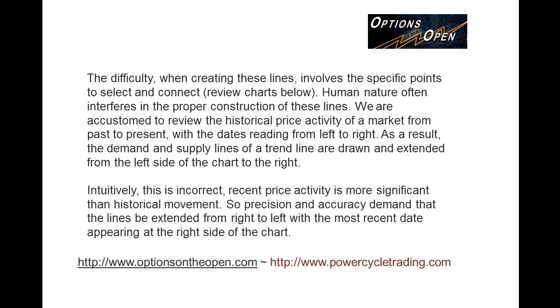And as a result of this, the demand and supply lines of a trend line are drawn and extended from the left side of your chart to the right. Now, intuitively, this is incorrect because recent price activity is more significant than historical movement. So precision and accuracy demand that lines be extended from right to left on your chart rather than left to right, with the most recent date appearing at the right side of the chart to start your trend line. So that's the first thing to get in your mind.